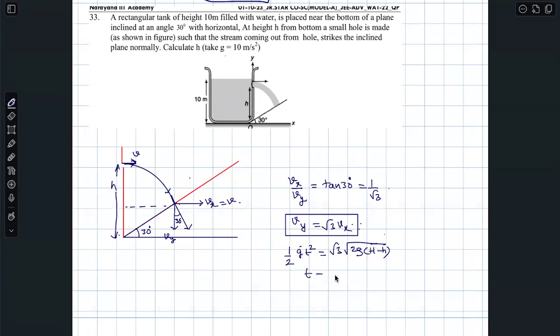Now I got a T term also. The T term is root of 2 by g times (H minus h). That is the time taken by the element to strike that.